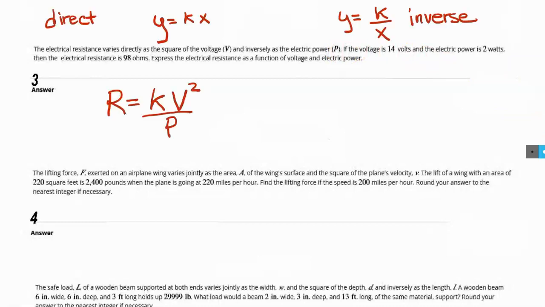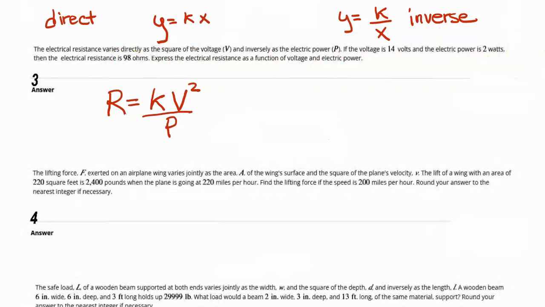Did you get something like this? Now, P is the power, and voltage is 14, power is 2 watts, and the electrical resistance is this much.